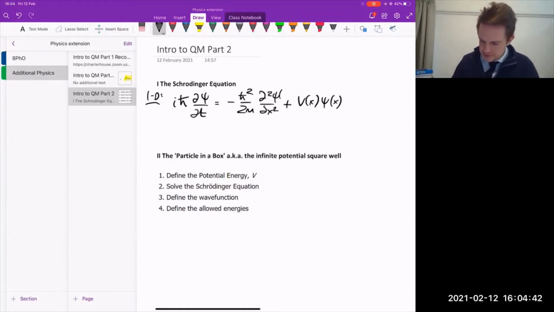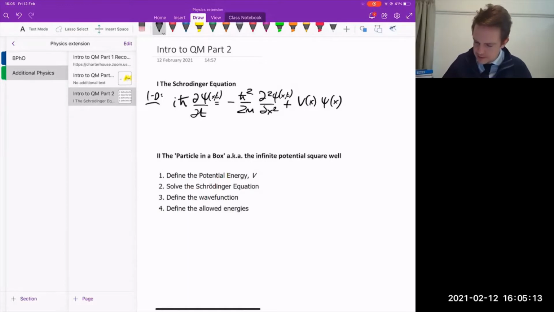And phi is a function of x, right? Remember, the wave function is a function which tells you the state of a system. So that's the Schrodinger equation for one dimension. It also has a time dependence normally, because obviously systems can change their state as time progresses.